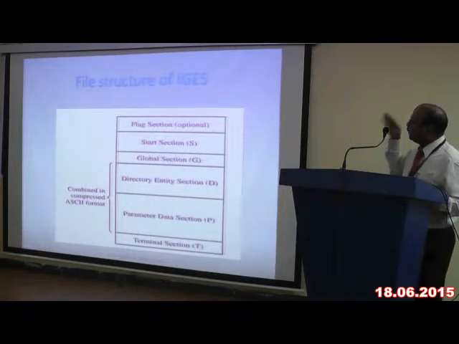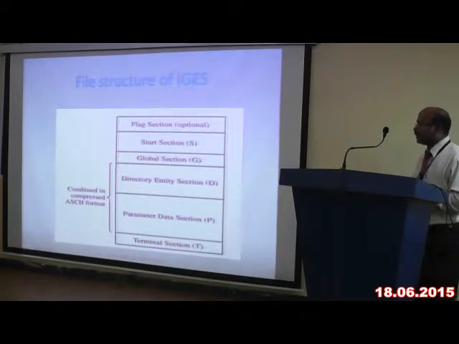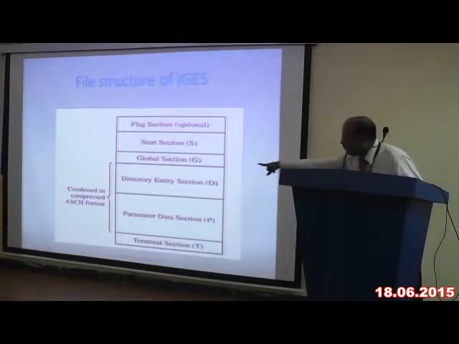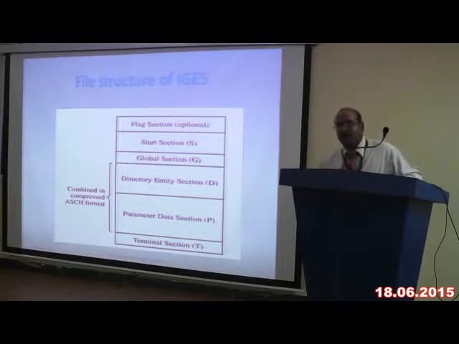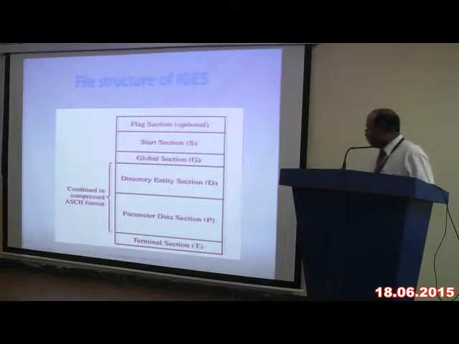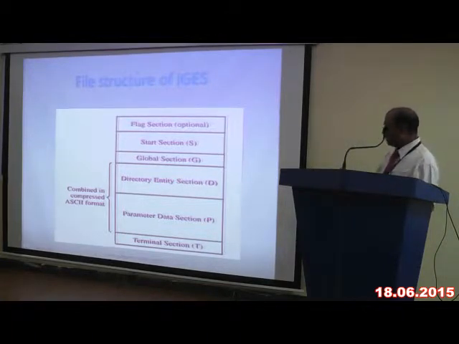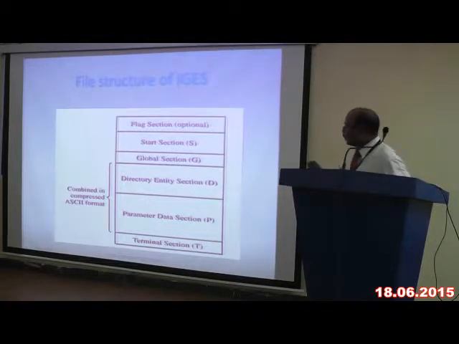And what about file formats for IGS, file structures? Everything will be executed with the help of the combined compressed ASCII format. ASCII format is nothing but you are expressing in terms of zeros and ones. So the sections are terminal, parameter data section, directory entity section, global section, start section, and flag sections.